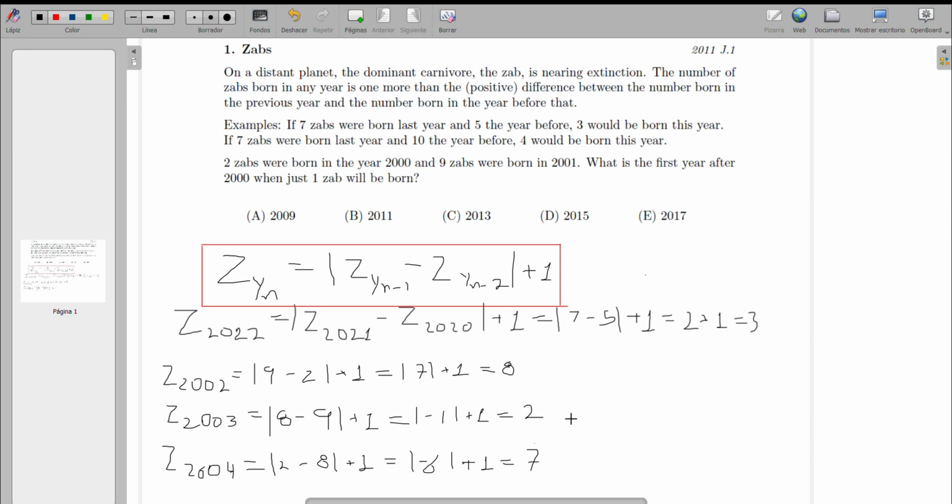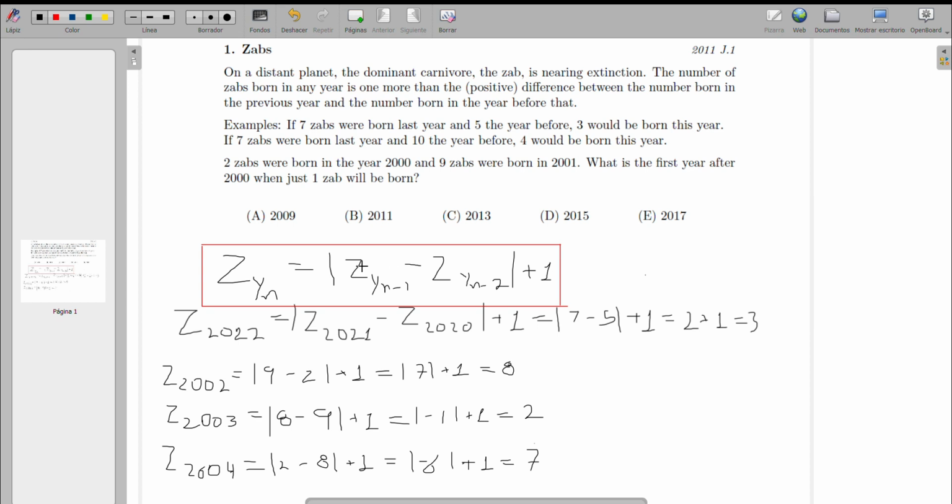And if we continue doing this same operation, we are going to meet the condition to get just one sab born in 1 year. What is that condition?